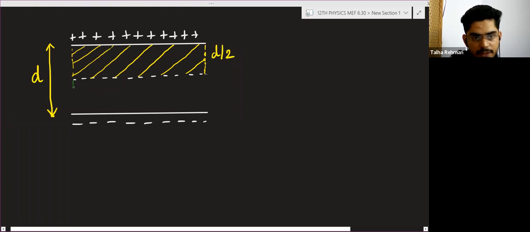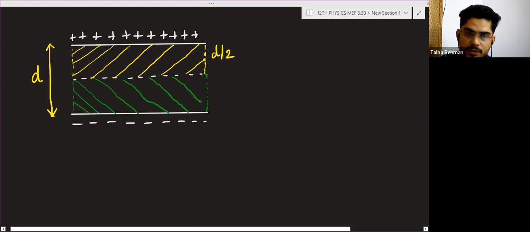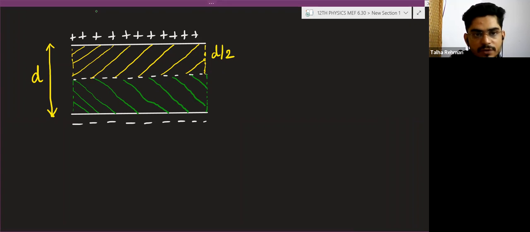Here is another dielectric in another distance. This is dielectric, okay? And I am filling this dielectric. In distance d by 2, another dielectric is filled.